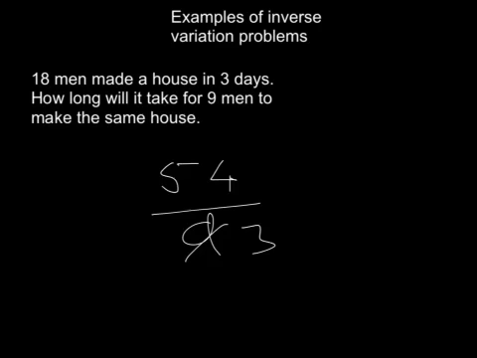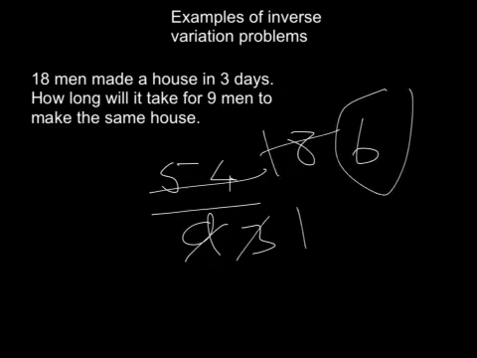Put your thinking caps on. 3 goes 17 times in 54. No, that's wrong. It goes 18 times. Then 3 goes once and 3 goes 6 times. So it will take 6 days for 9 men to make the same house.